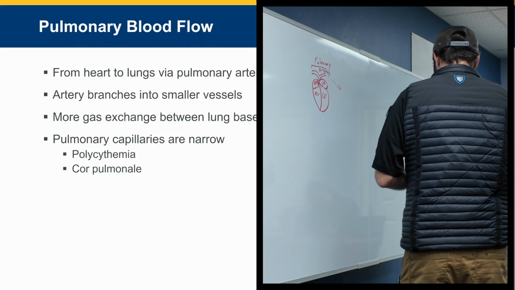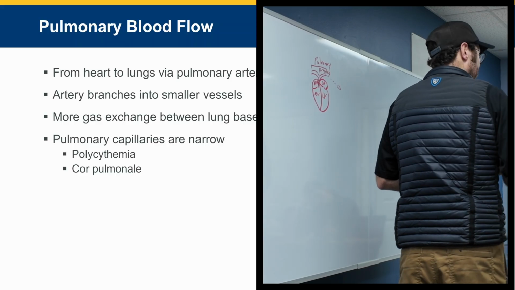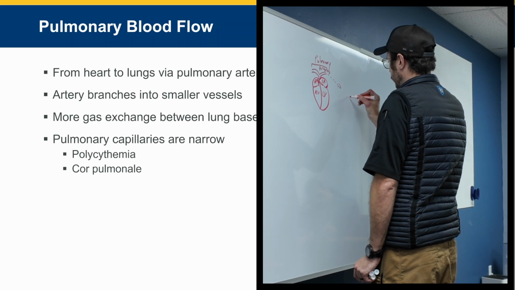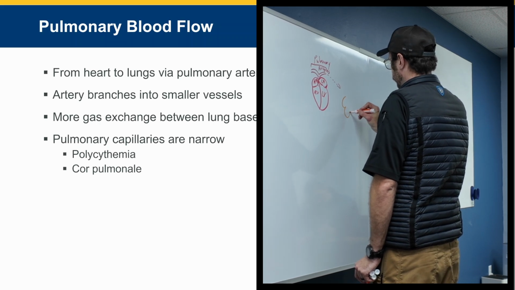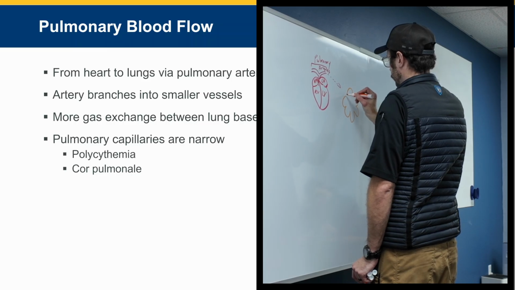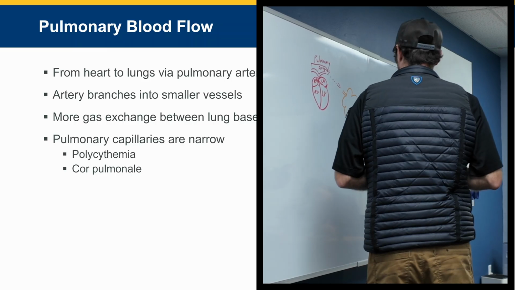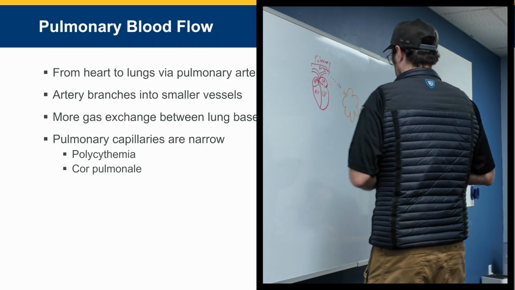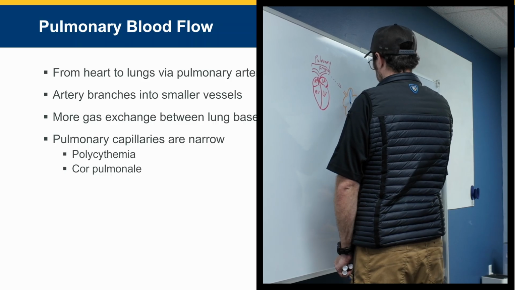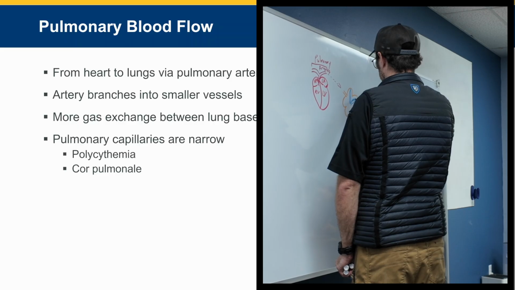And then our pulmonary arteries, they will go down, continuing to divide and get smaller, and we reach our alveoli. And then all around our alveoli, we have our capillaries.